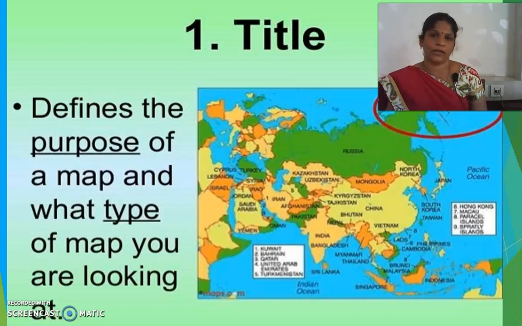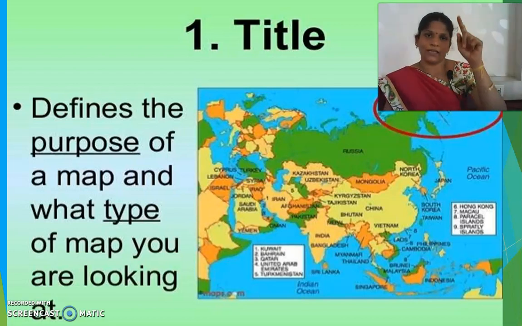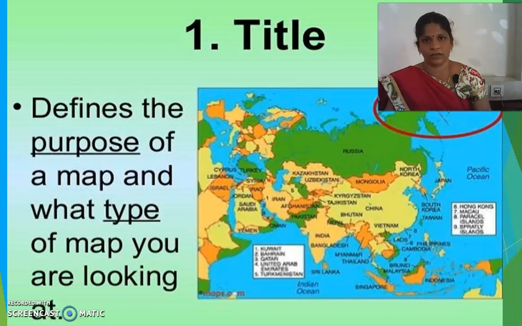That's why in many maps they give only a small arrow showing up, that is the north direction. So direction is very, very important for all the persons who are using maps, to identify the correct direction.